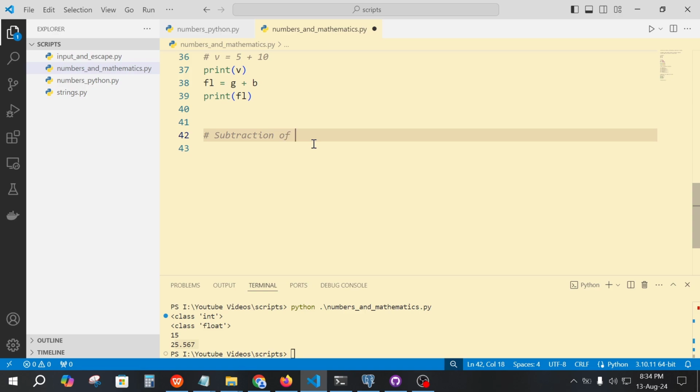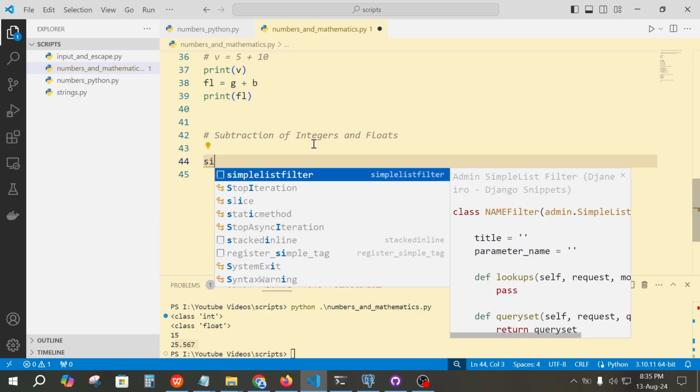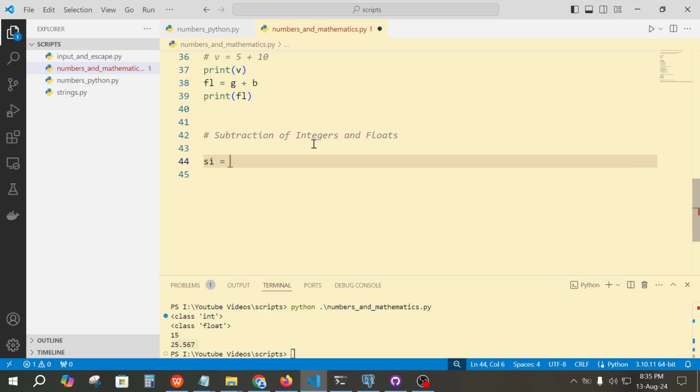Okay, subtraction of integers and floats. Okay, we can see b, subtraction of integers. So si equals a minus b.